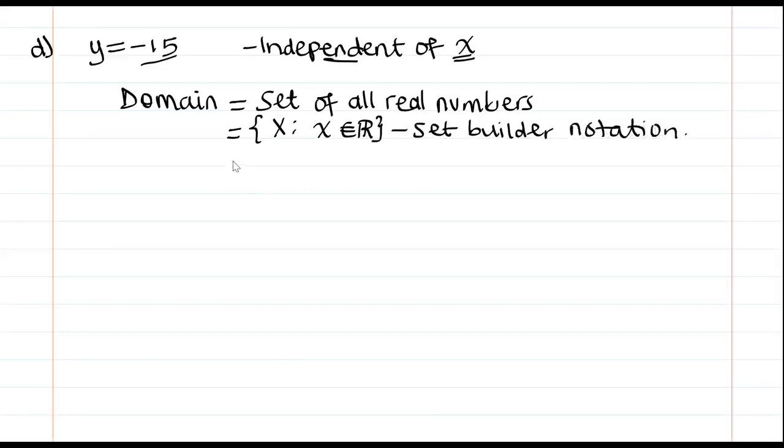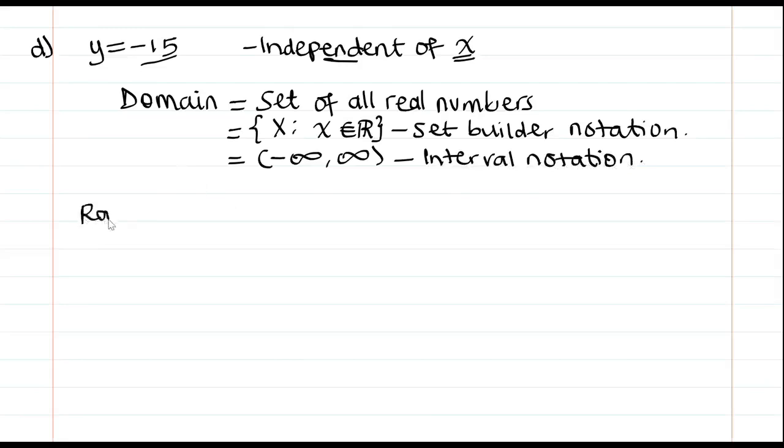If you want to state it in the interval notation, it means the real numbers will run from negative infinity up to positive infinity. This is the interval notation. So that is the answer for the domain.